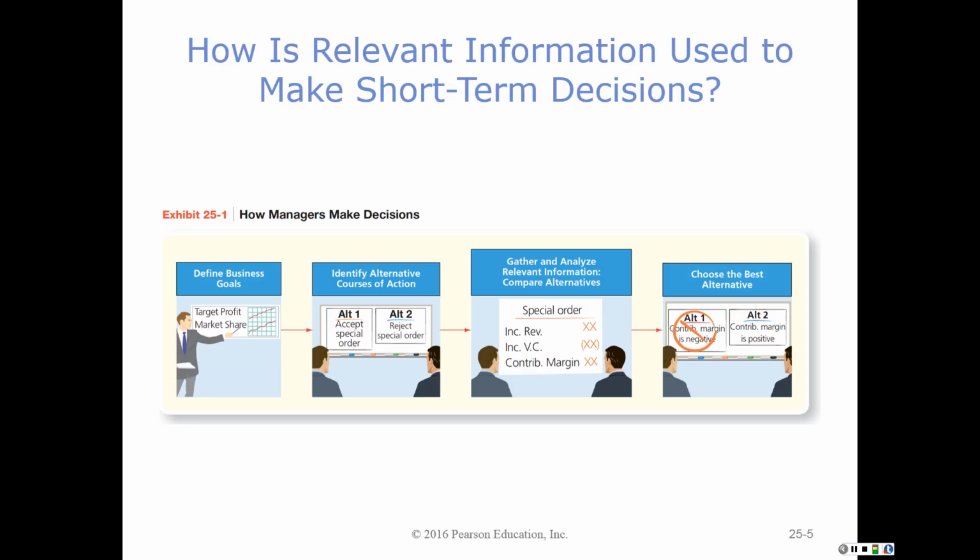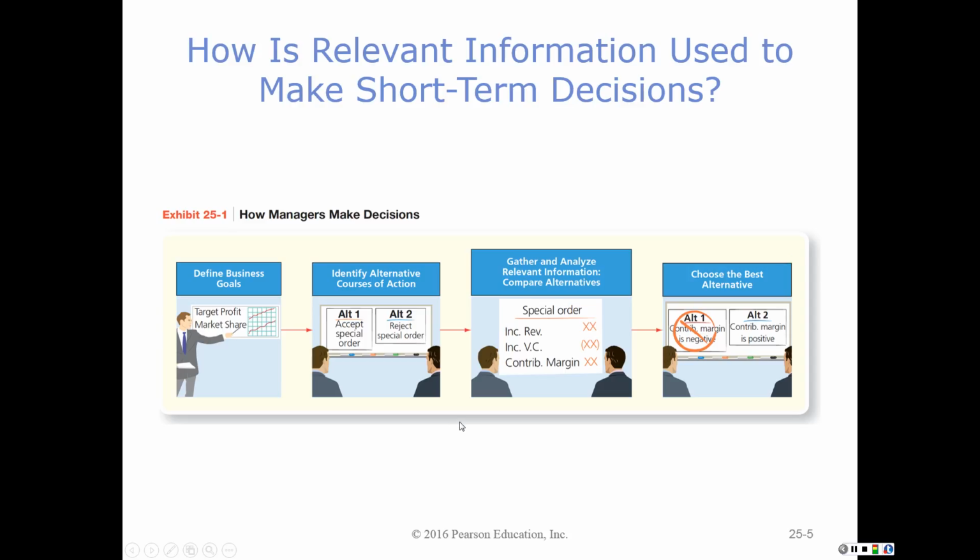And so come up with what are our different alternatives for the situation that is before us, and we'll look at some of the most common short-term decisions that will be potentially analyzed by you as a manager as we move through this chapter. But if you are a management accountant, this may be the illustration that's most appropriate to you. As a management accountant, you are going to be responsible for gathering and analyzing the financial data that is needed to compare those alternatives.